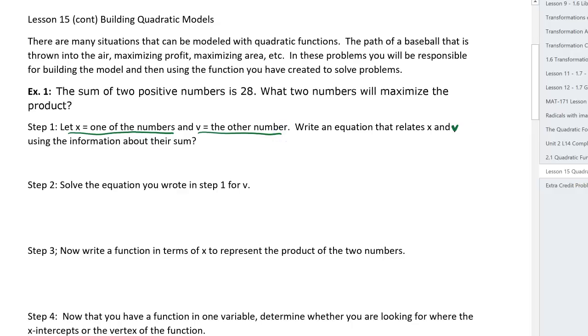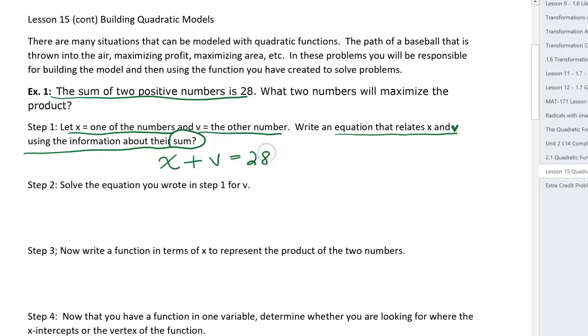And the first thing we're going to do is write an equation that relates x and v using the information about their sum. And it tells us that the sum is 28. So we can say that x plus v is equal to 28.